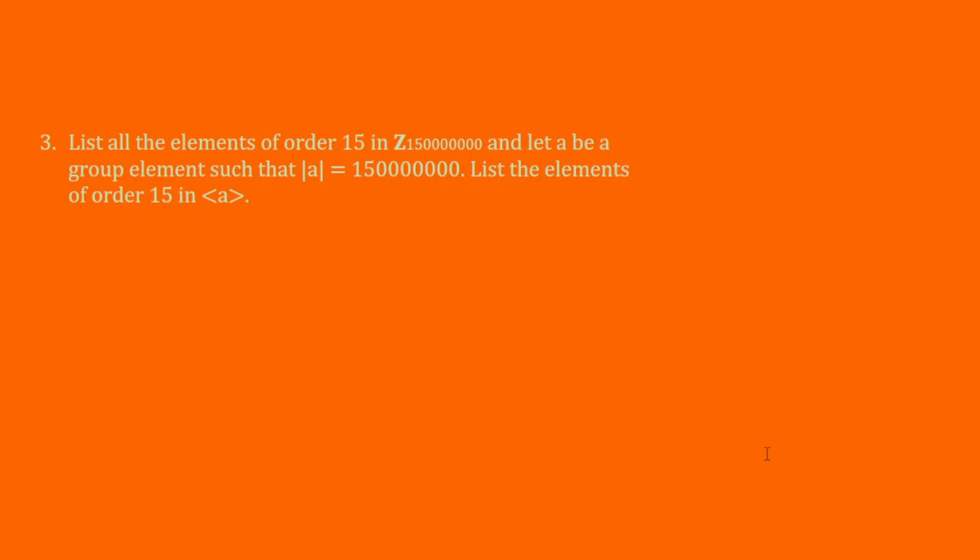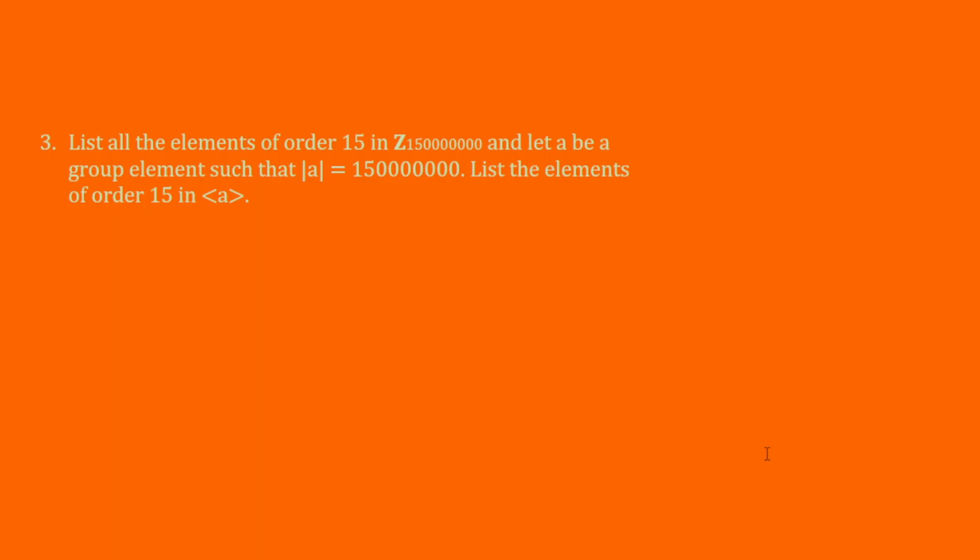So we are asked to list all the elements of order 15 in Z_150. Let's see, that's 9 zeros. So it's 1.5 times 10 to the 8th.